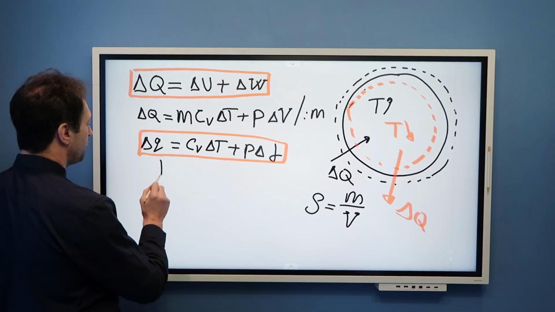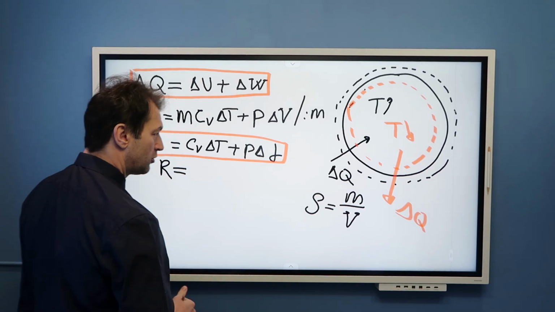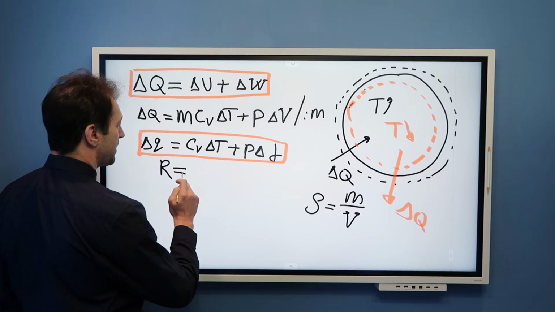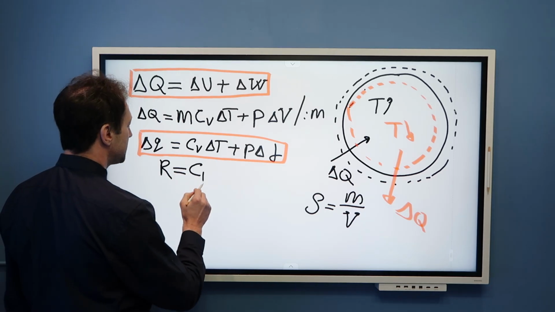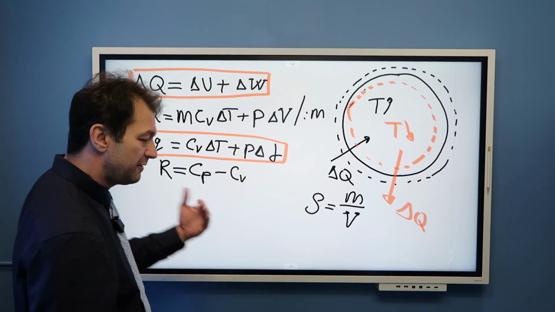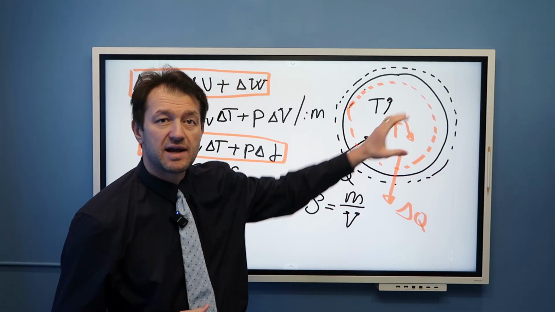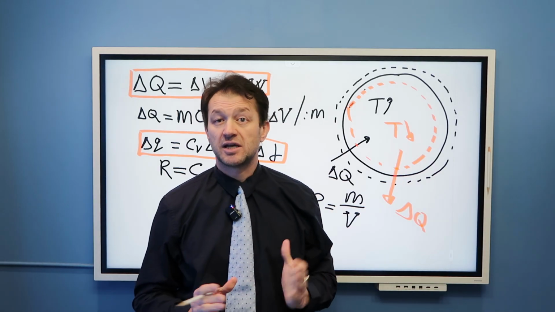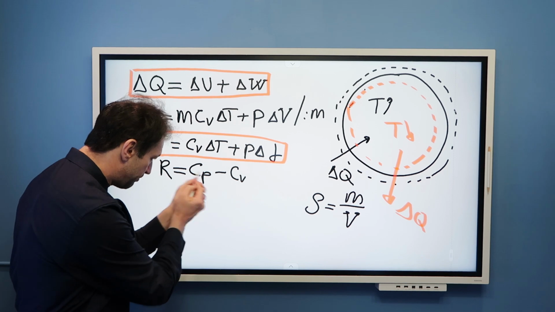There is the so-called Mayer's formula, which says that R, the gas constant that I introduced in my video on the gas equation, the equation of state for an ideal gas, is equal to Cp minus Cv, where Cp is the specific heat at constant pressure, the amount of heat we need to provide to an air parcel to change its temperature by 1 degree Celsius or Kelvin while keeping the pressure, not volume, constant.